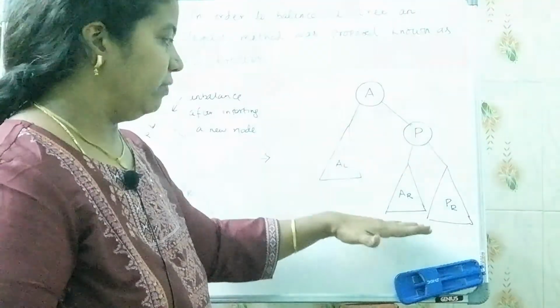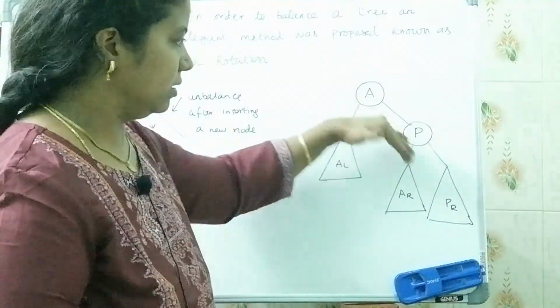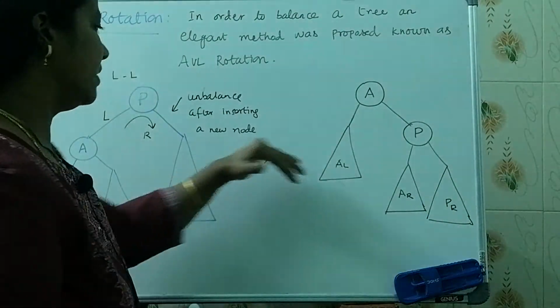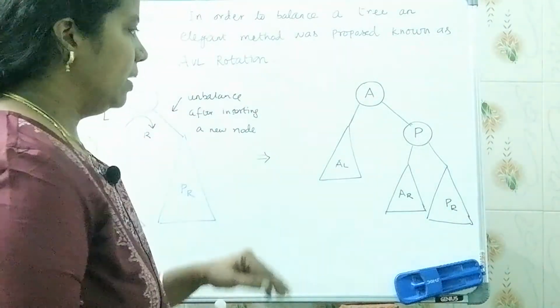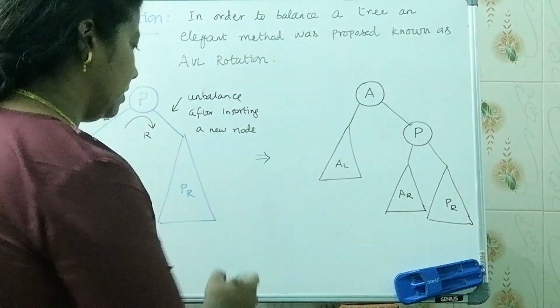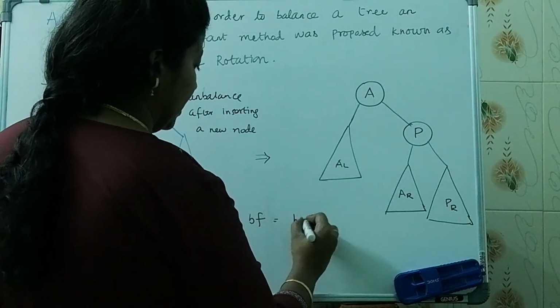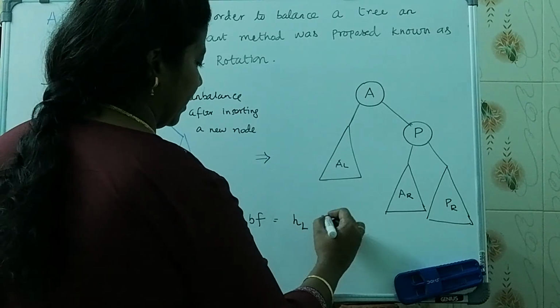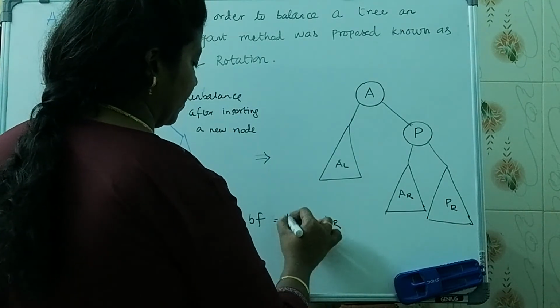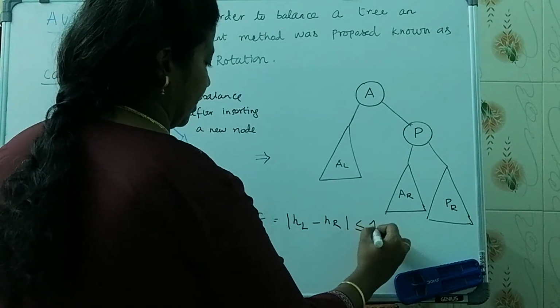So after rotating this tree, we maintain the tree balance by calculating the balance factor. What is the formula for the balance factor? Take the height of the left subtree and the height of the right subtree, and make sure the difference is less than or equal to 1.